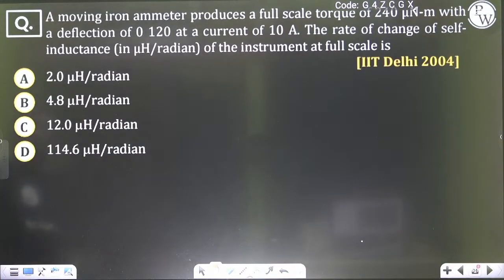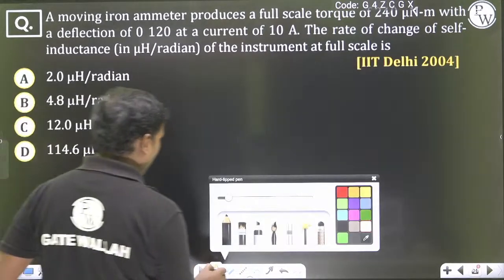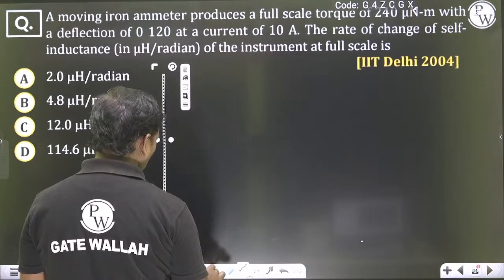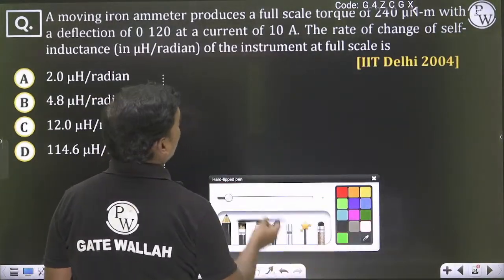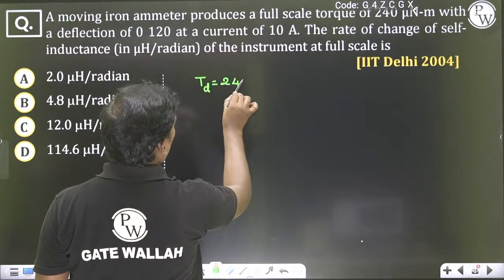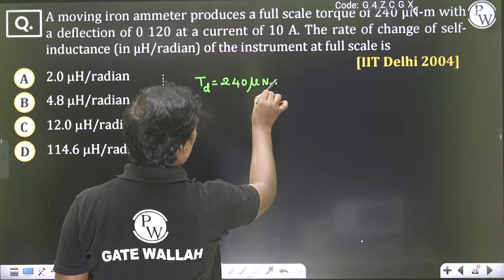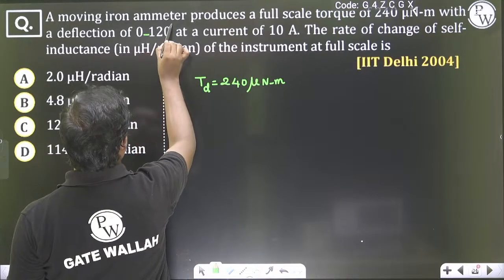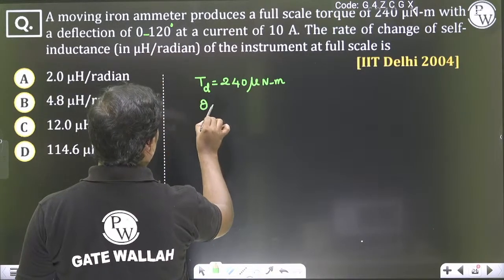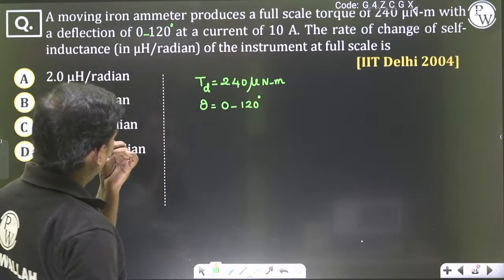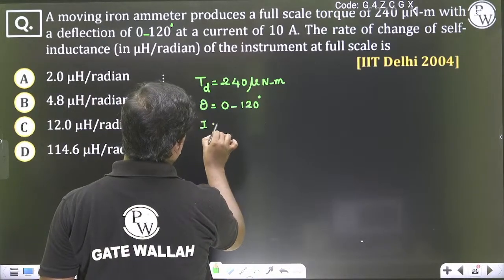A moving iron ammeter produces a full scale torque of 240 micronewton meter. So what is the data given? It produces a full scale torque of 240 micronewton meter with a deflection of 0 to 120 degrees, with a current of 10 amperes.